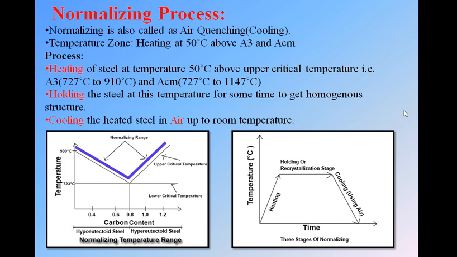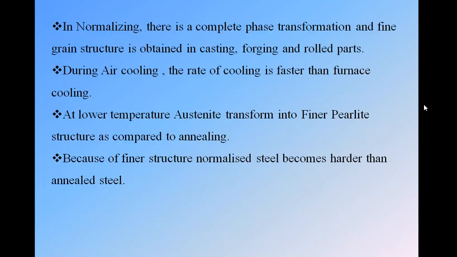Next, in normalizing, there is a complete phase transformation and a fine grain structure is obtained in casting, forging and rolling. As we know, here we heat the material above 727 degrees Celsius, because that blue zone is above 727 degrees Celsius. So there will be a phase transformation from pearlite to austenite.